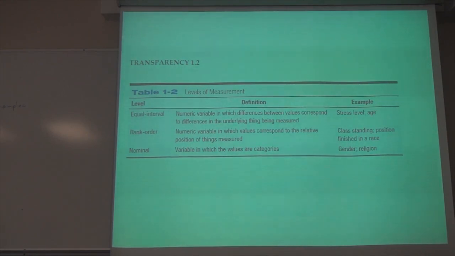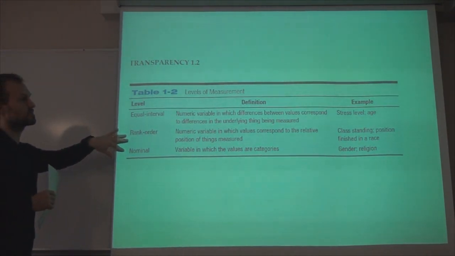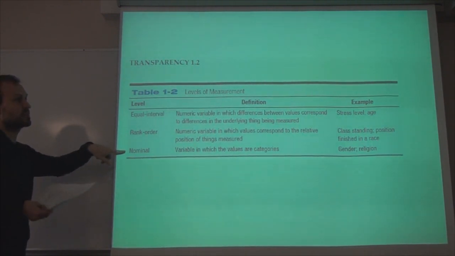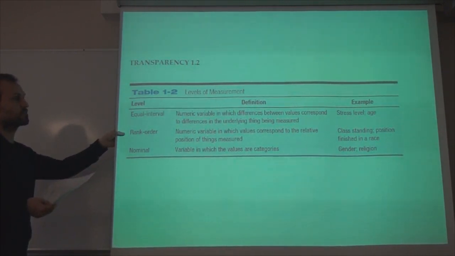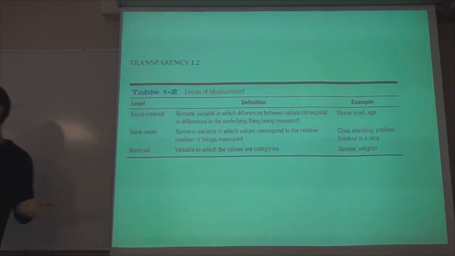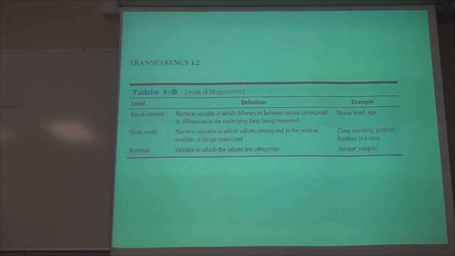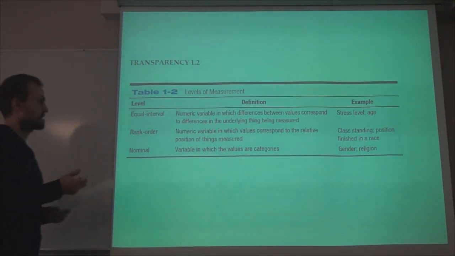So nominal or rank order variables are discrete variables. I only have a certain set of categories, and I can count them off. I have a group of people that I'm ranking, or objects that I'm ranking. I can count them off, the different possibilities, the different ranking values. Whereas the equal interval variables, they can be both.